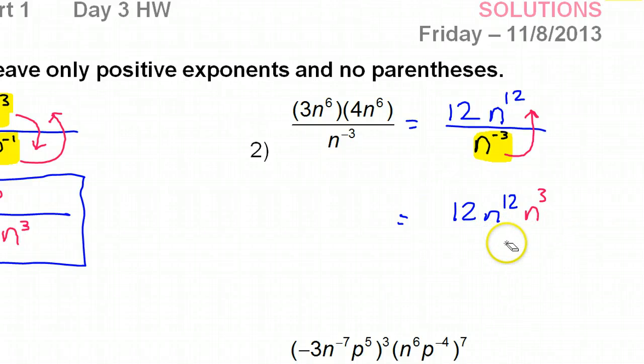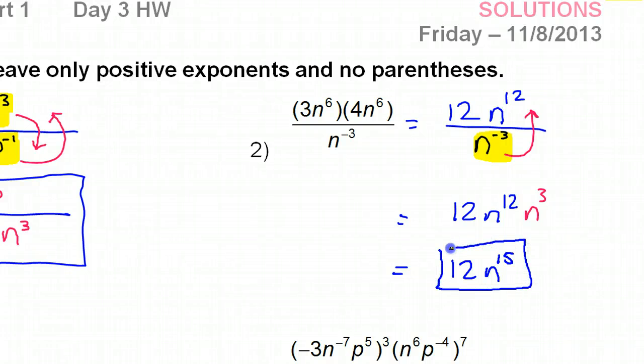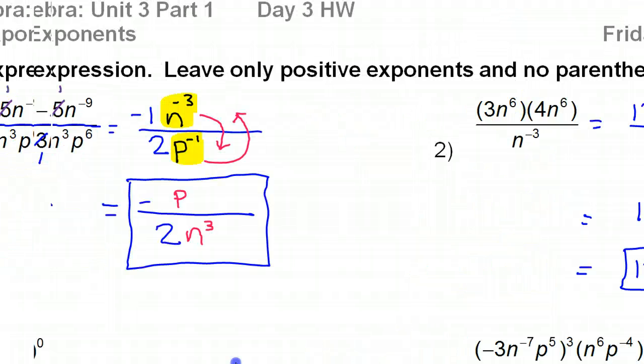Alright, so there's that. And when I go ahead and put it all together, for my final answer, I will have 12 n to the 15th power. Again, you're adding these exponents. Okay, so that is how you do that.